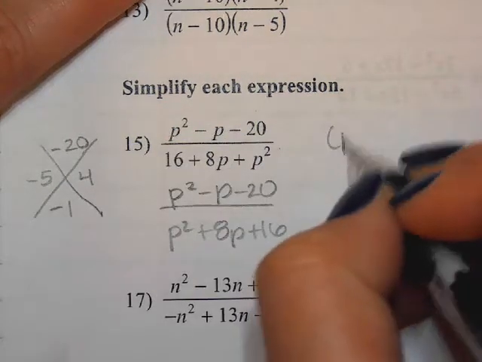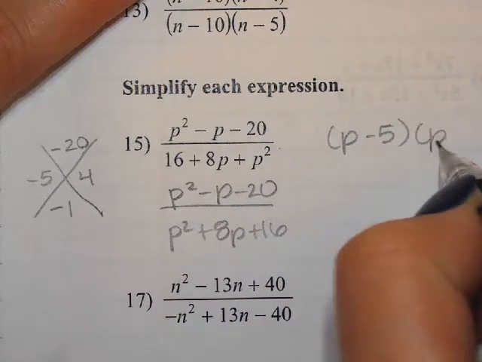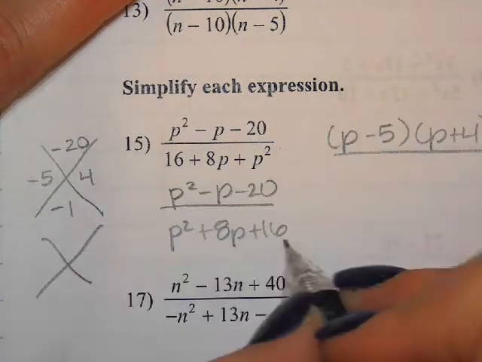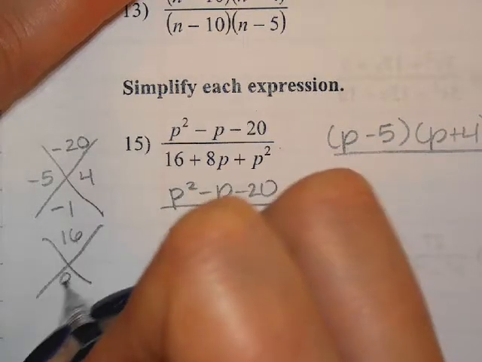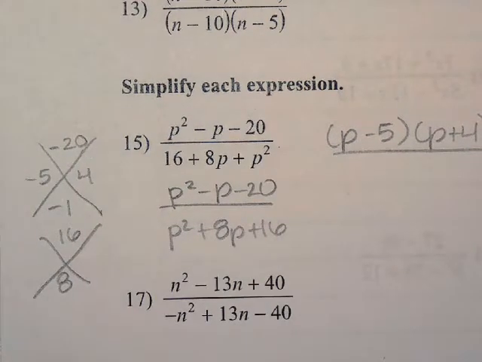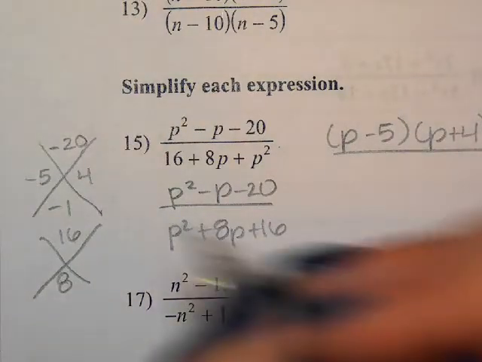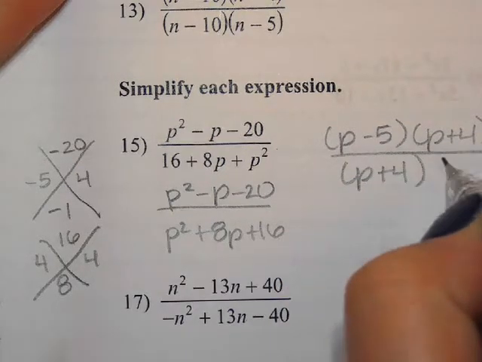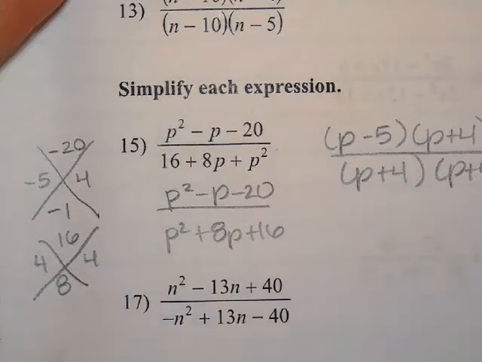So the top is p minus 5 and p plus 4. And then on the bottom, we're looking for two things that multiply to 16 but add to 8. 4 and 4. So p plus 4, p plus 4.